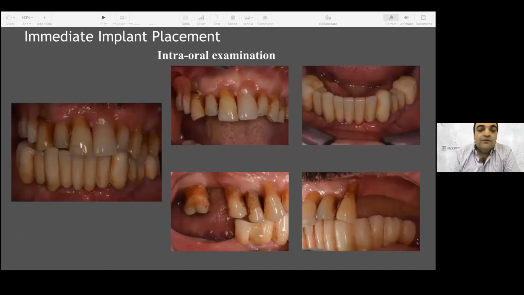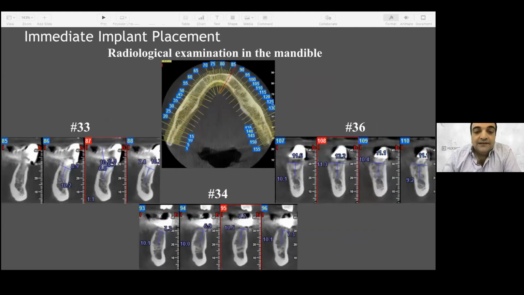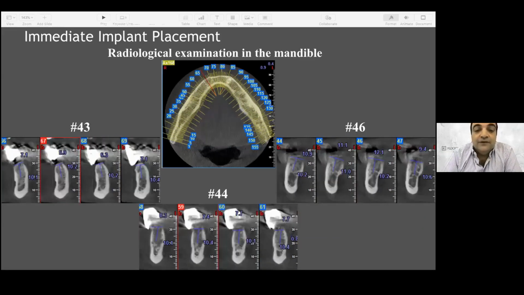So in this case, the patient lives abroad. He came to us. He wanted to start by doing full rehabilitation of the mandible. So we did the X-ray and we decided to place implants at the level of 36, 33, and 34, and the level of 46, 44, and 43.